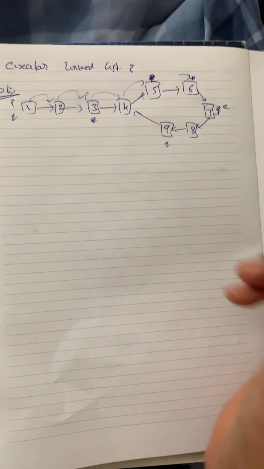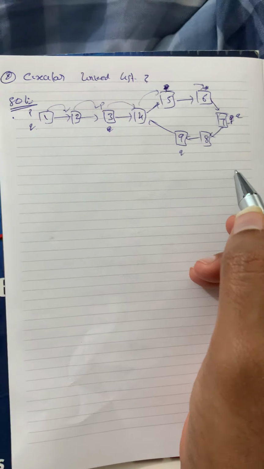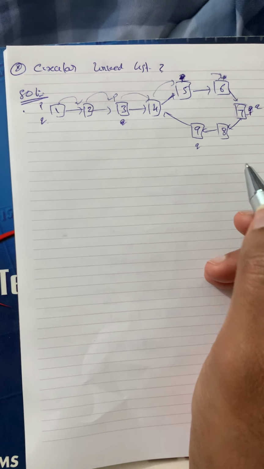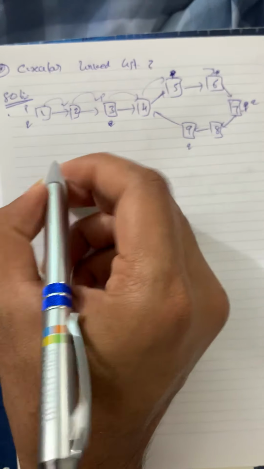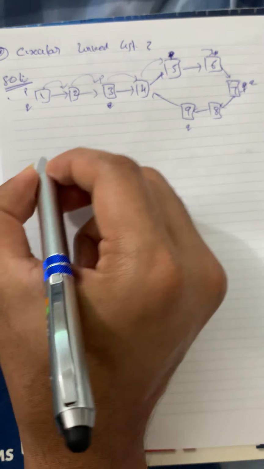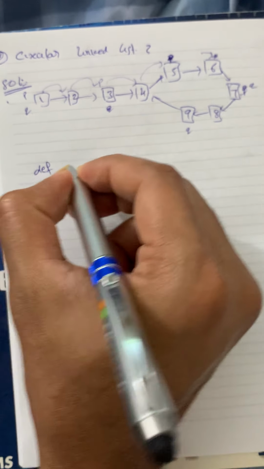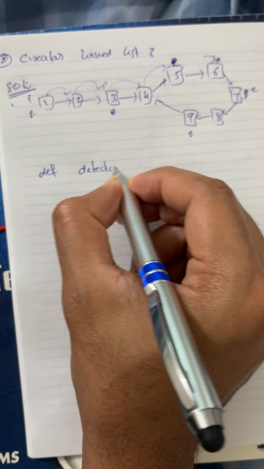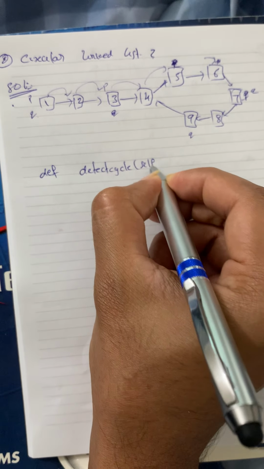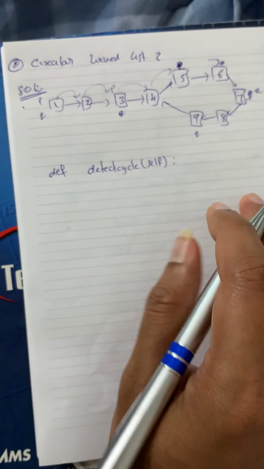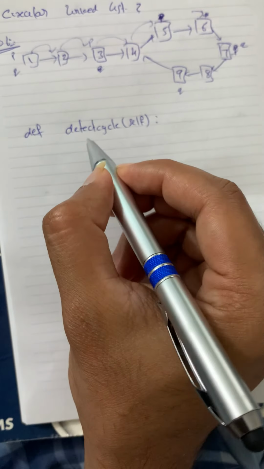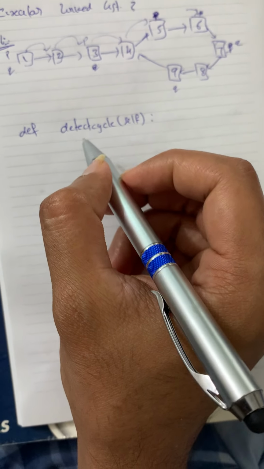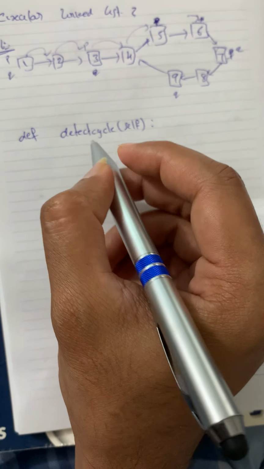So this is how we find if there is a loop present in the linked list or not. I'll be writing a function for this. Our function name is detect cycle. It doesn't take any input, and I'm considering that I already have a linked list developed.